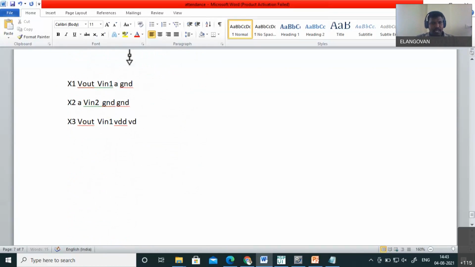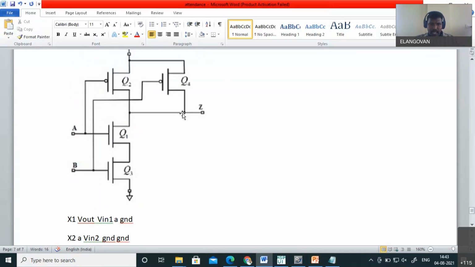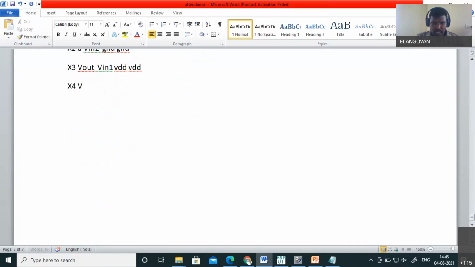Substrate is also connected with VDD. For the fourth transistor, this is VDD. Fourth transistor I'm writing, suppose it is X4. Again, it is Vout, Vin2, VDD.